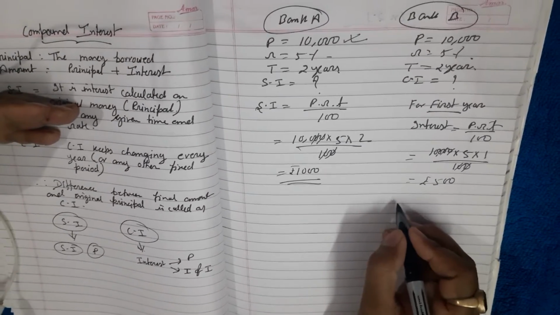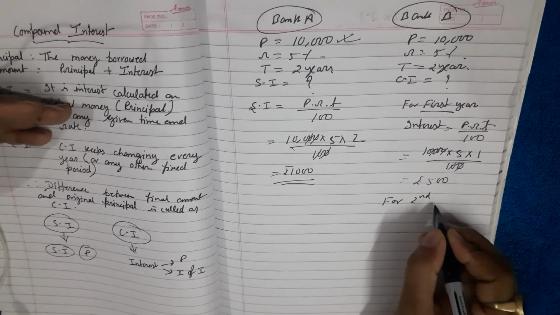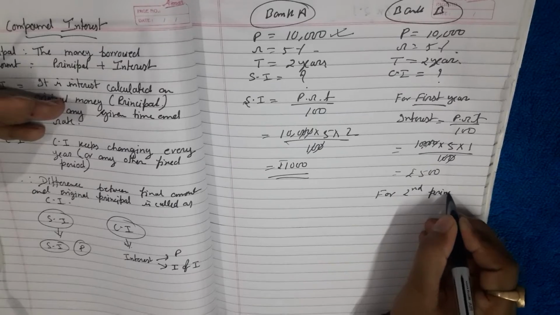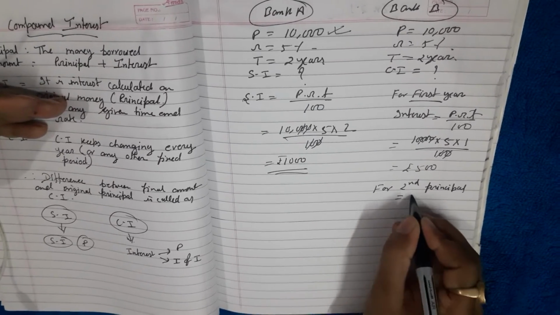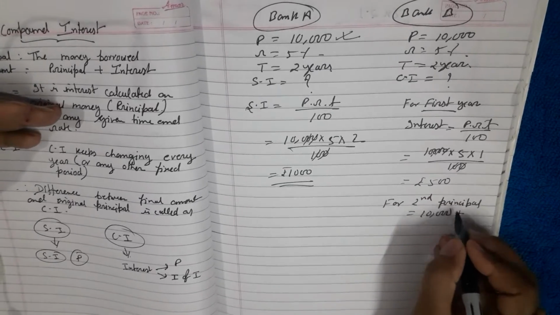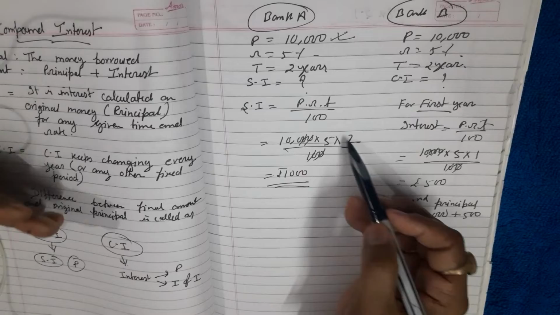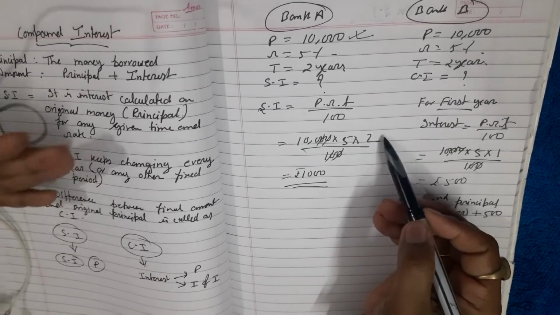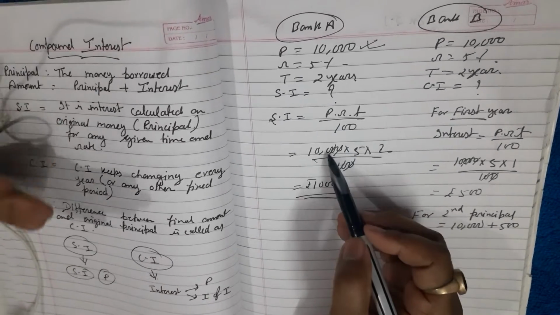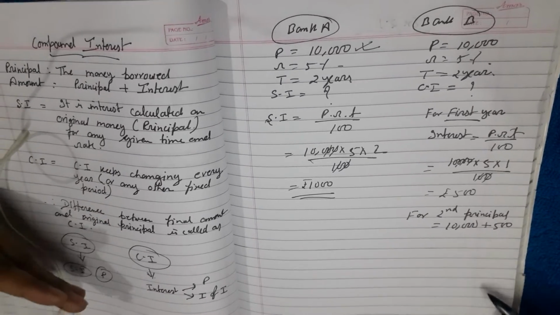For second year, what is the principal? For second year, principal will be 10,000, that is the original principal, plus interest of first year. That's why we are telling you that in simple interest, for number of years the principal will be same, but for compound interest every year the principal will be changed.